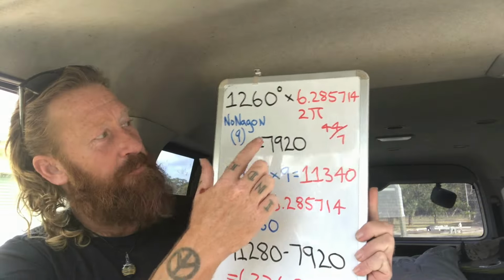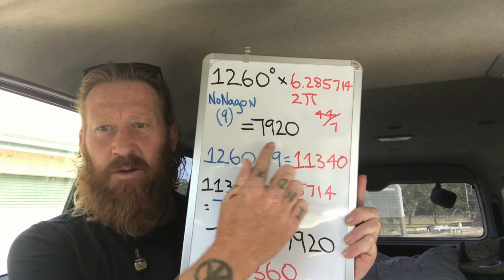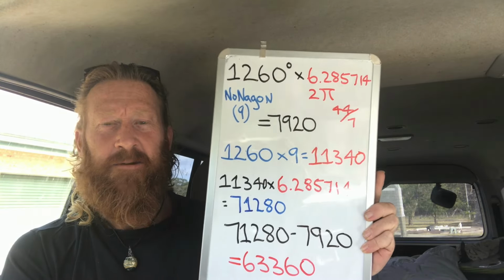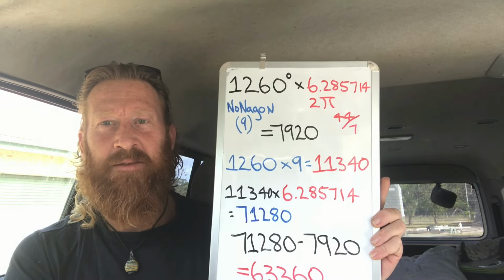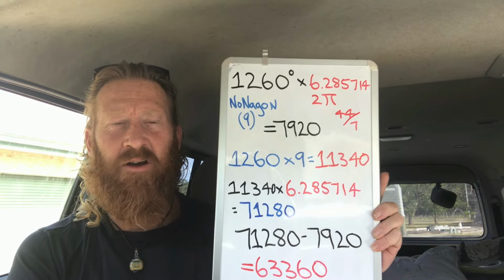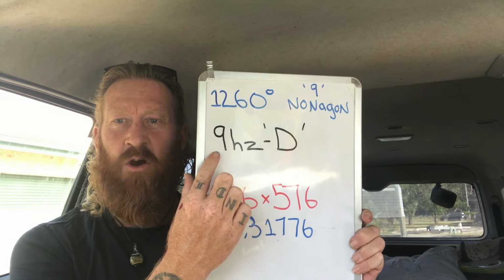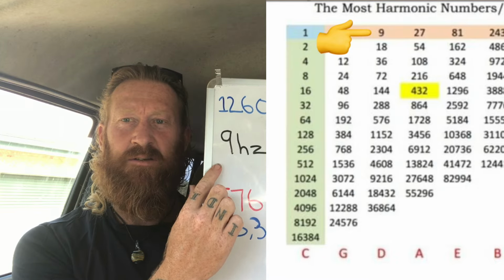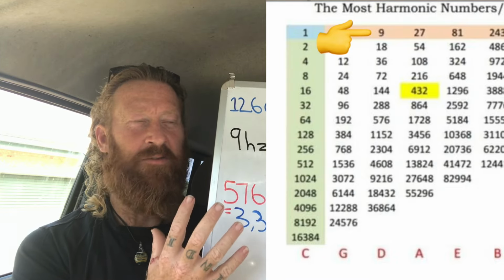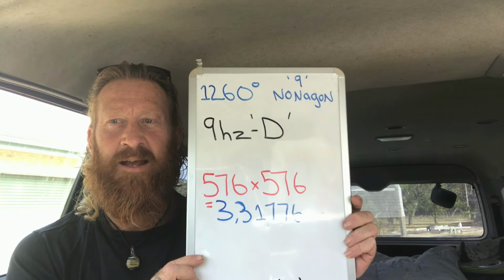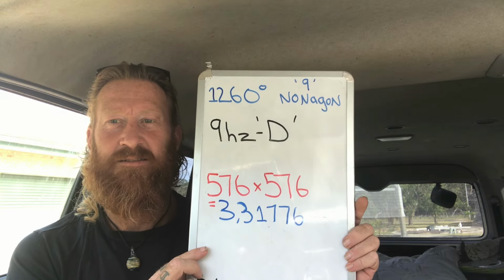Now what I find astonishing about this Nonagon and timesing it by 2 pi, getting the equatorial diameter of the Earth, is that the Nonagon being 9 matches the distance from the King's Chamber to the equator, which was from the column of D, which is the tonic of 9. You can see how they're trying to teach us these things is absolutely ingenious.